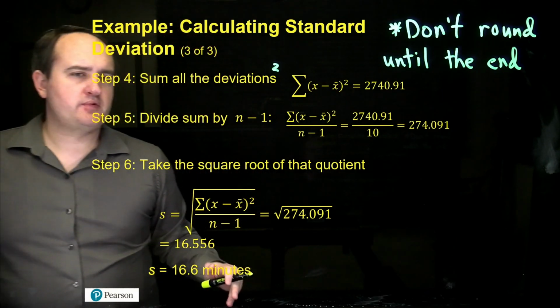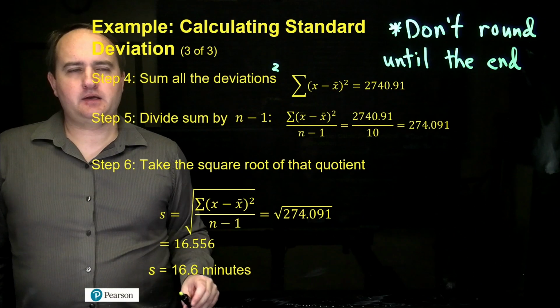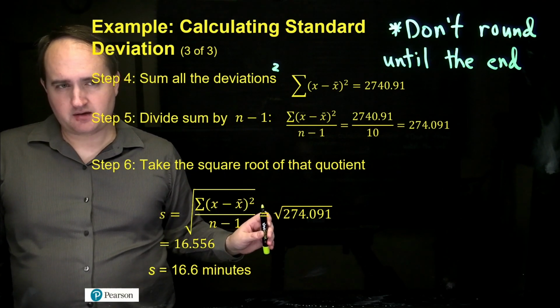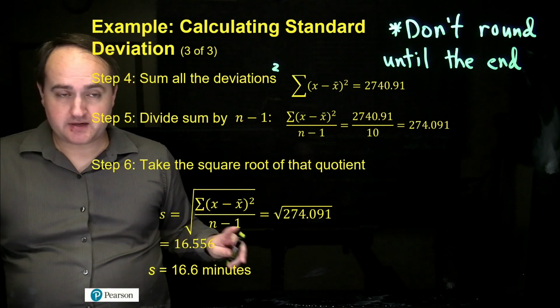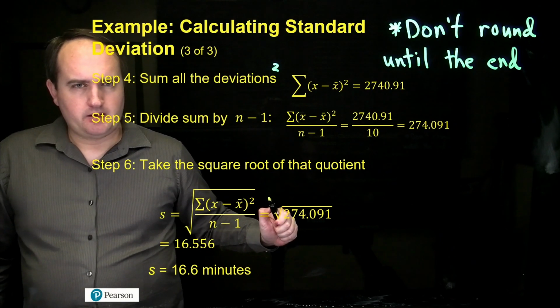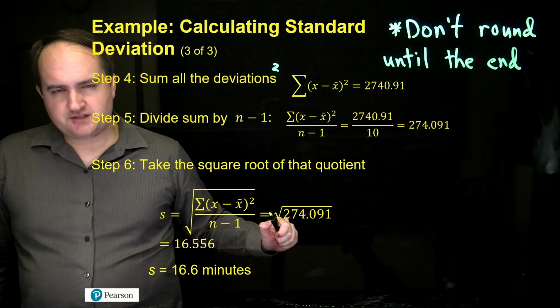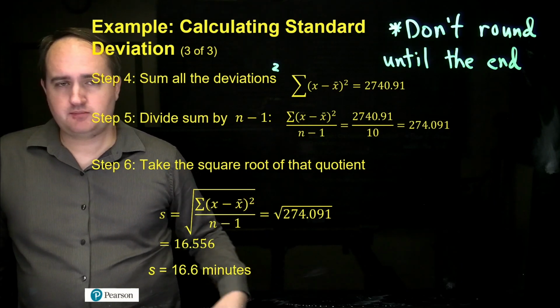Remember that square roots kind of look like a check mark, and you definitely want to do this on a calculator. You would probably press the square root button first, then type in the number, and then press enter.